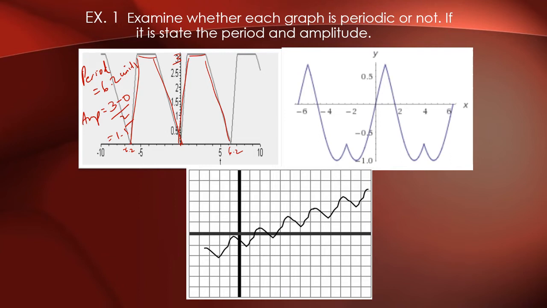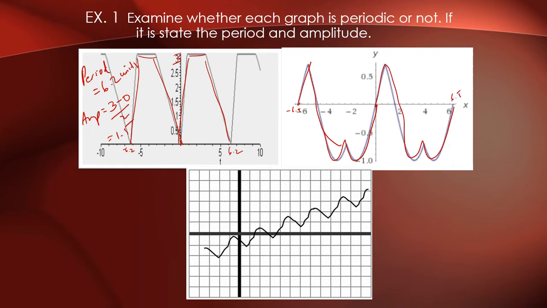Top right, is it periodic? Looks like it, right? Let's say, for argument's sake, that is 6.5. So we start here, go up, make this little W shape, come back to my starting point, and we repeat the exact same process.